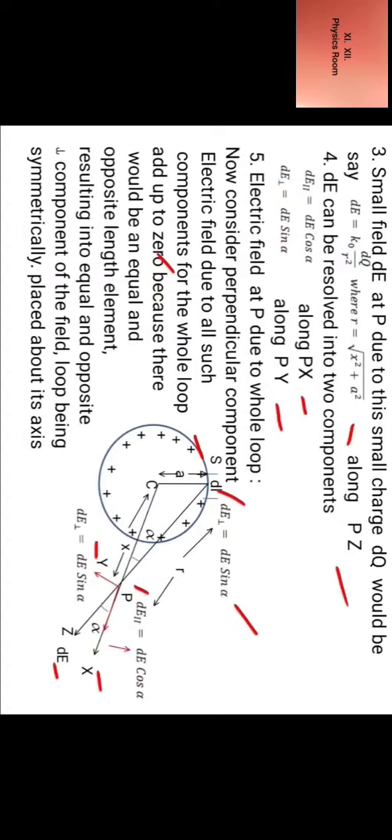Okay, so now we go to parallel component.